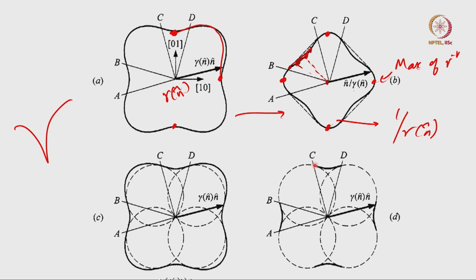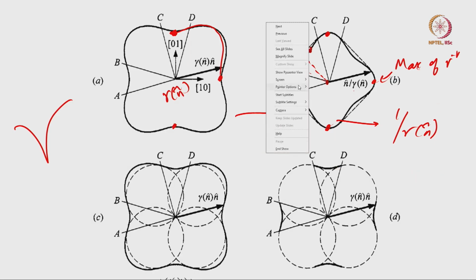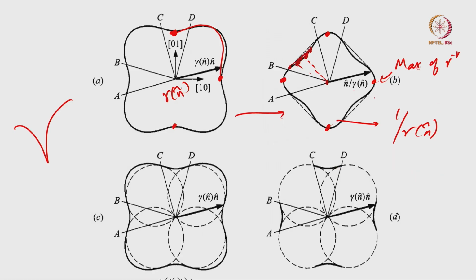But again, like I said, in this example the surfaces are chosen such that from C to D there is no huge cusp, but in real crystals of course there is going to be a huge cusp between C and D. Okay. So now you can imagine that maybe I have huge cusps like this, right.